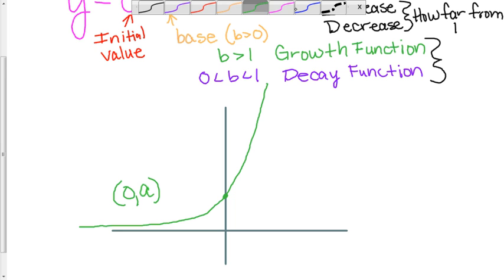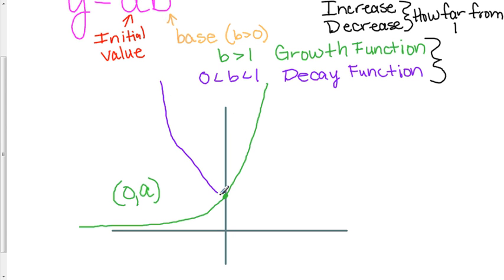A decay function would be the flip over the y-axis of the growth function. So it would come down and run like so. And again, this coordinate would be 0, comma, a.